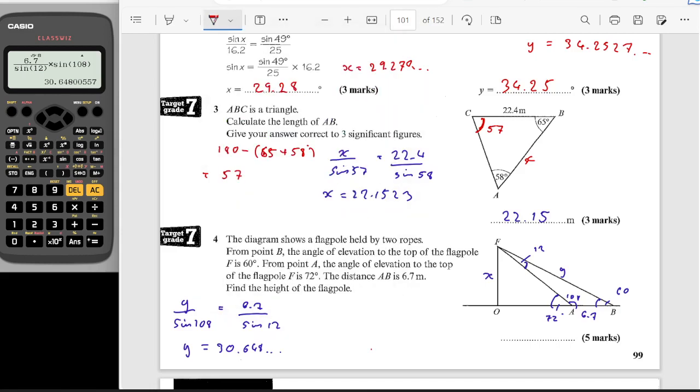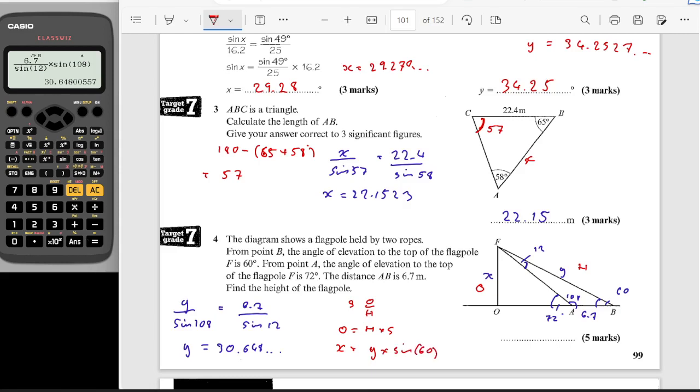Right, and then I'm switching now to trigonometry to work out the actual height. If this is my 60 degree angle, this would be the opposite side and this would be the hypotenuse. So I'm actually using the sine ratio, SOH, and I'm trying to work out O. So O is going to be equal to H times by sine. So x is going to be equal to y times by sine of 60.